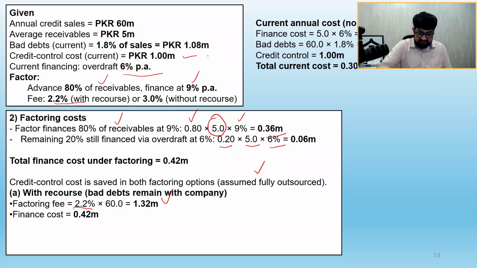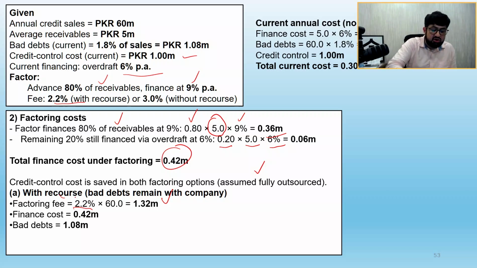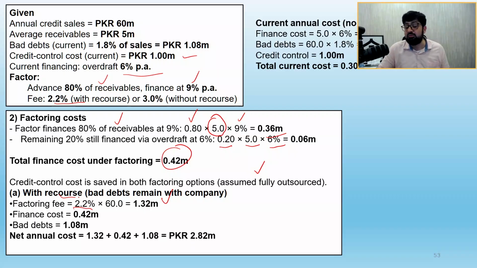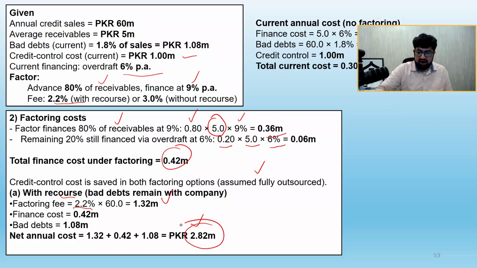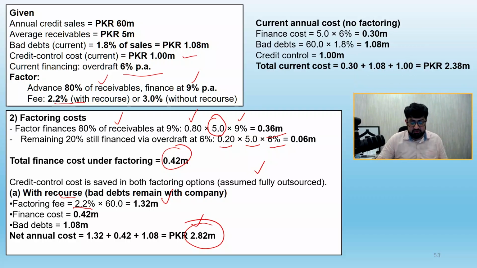Then there is finance cost, brought down. And then bad debts: because it is with recourse, bad debts will remain the same. They have not reduced, they have not become zero. So the total cost of receivable under the factor option with recourse factoring is here. From the current cost, it is increased.